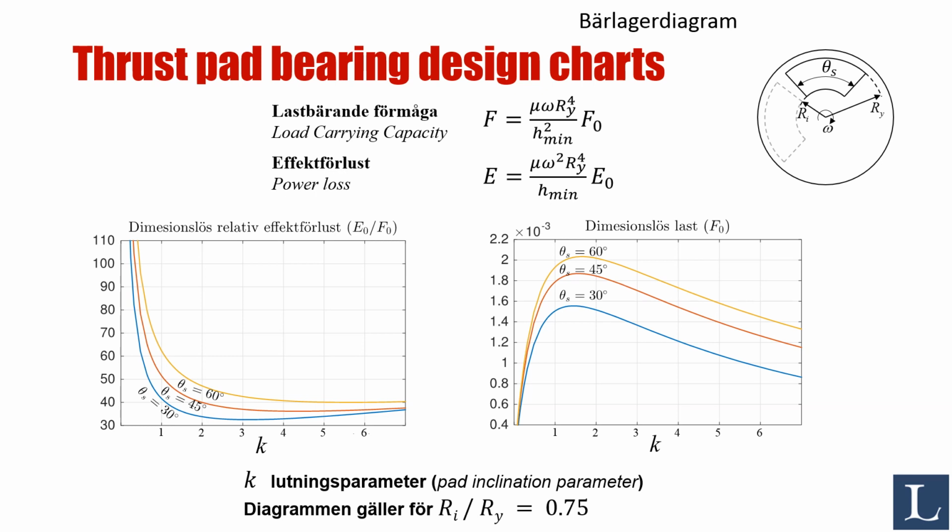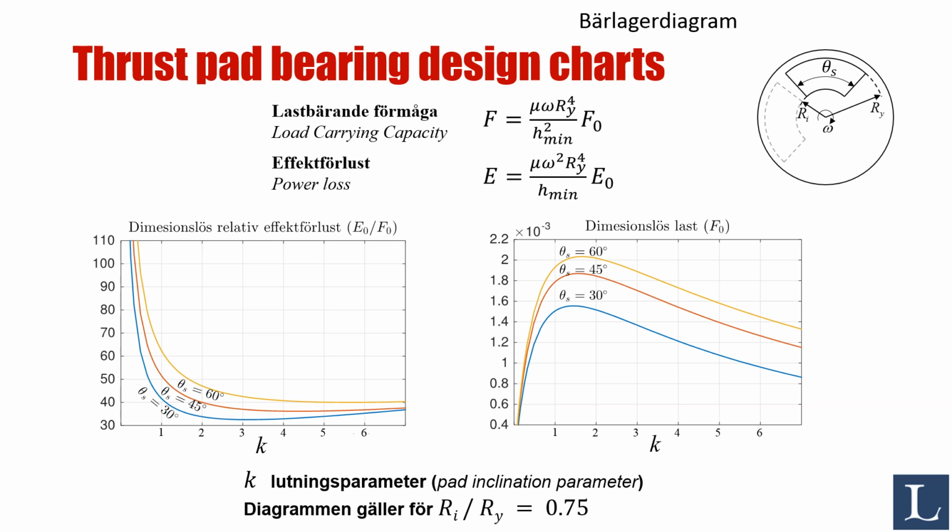Okay, moving over to the dimensionless relative power loss, we see that there is not so big a difference from K equal 1.5 to its optimum value at K equal about 3. So this will give a pretty decent design choice, maximizing load carrying capacity and nearly minimizing the power losses.